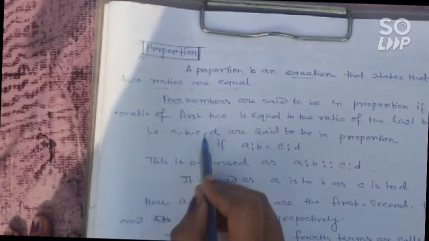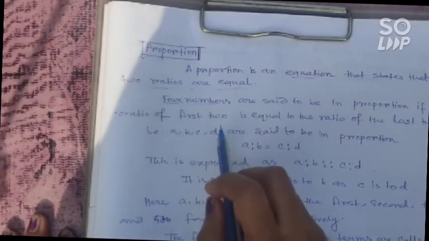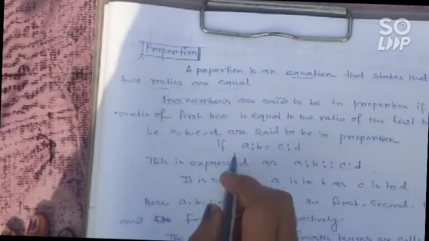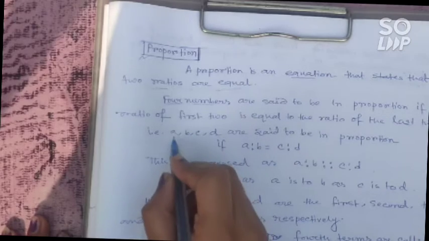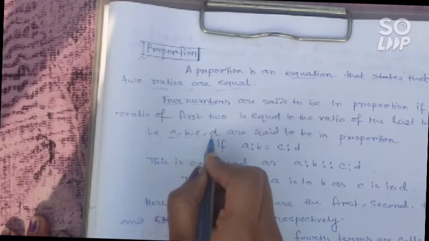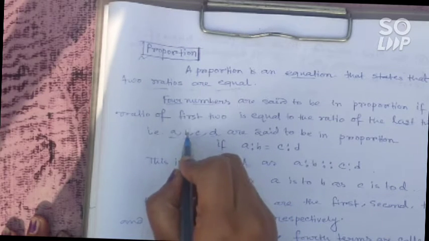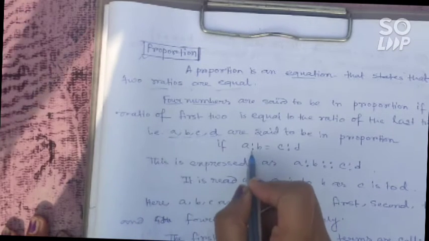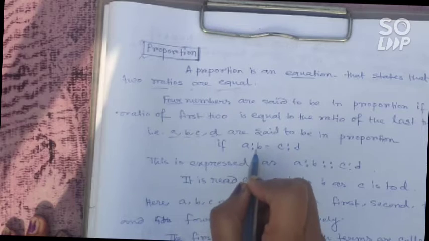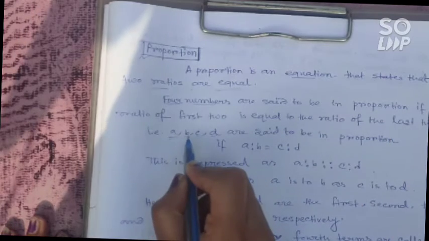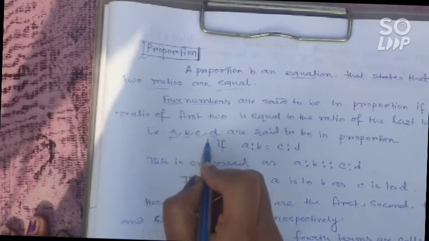Suppose A, B, C and D are said to be in proportion. So these four numbers A, B, C and D are said to be in proportion if the ratio of the first two, that is the ratio of A and B, A is to B, is equal to C is to D. So the ratio of the first two is equal to the ratio of the last two.